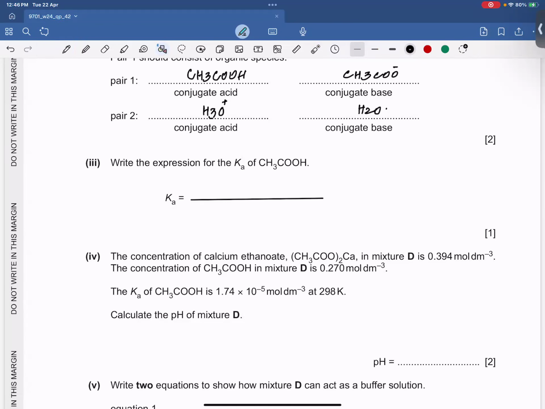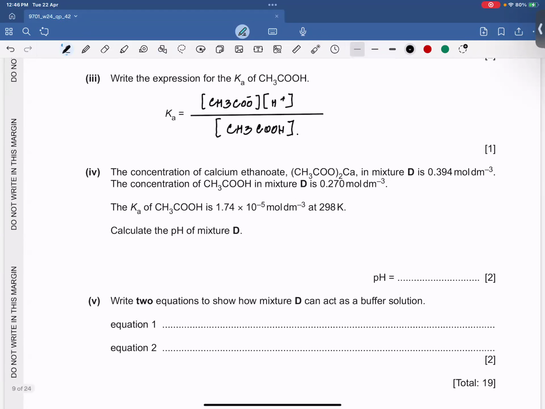So concentration of methanoate ions, concentration of hydrogen ions, and concentration of methanoic acid. Okay. Oh, that's easy. We have done this in class.